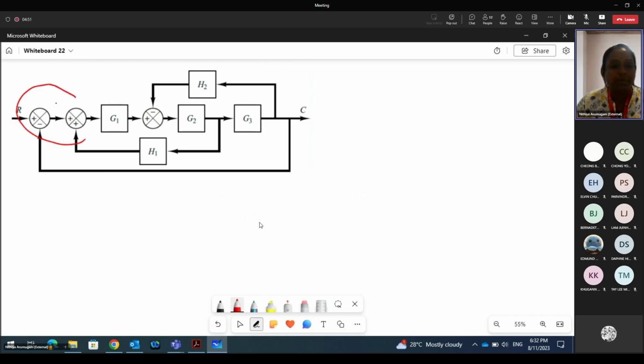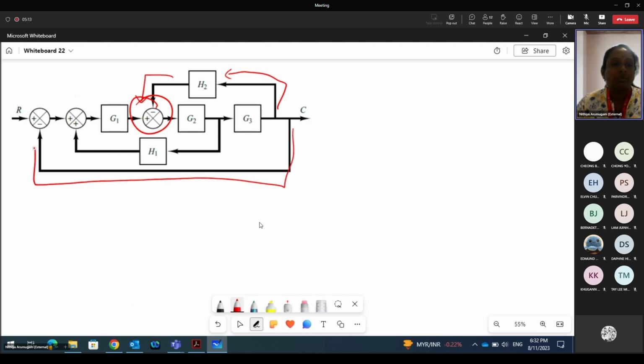By moving this summing point of the negative feedback, we are talking about this one actually. So first we move this summing point. It's a negative feedback loop, the common one. So we move this so that the loop containing H2 is outside the positive feedback loop containing H1.